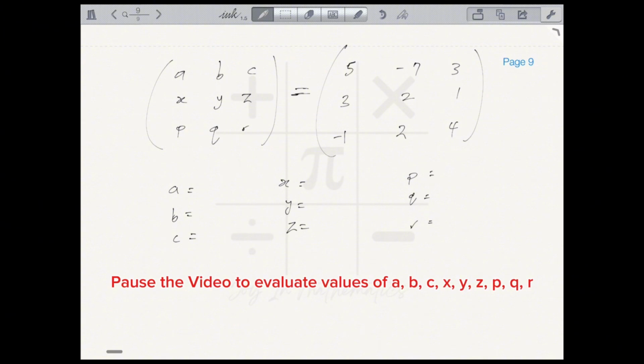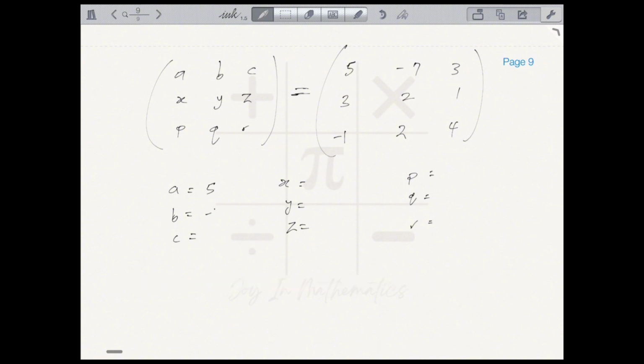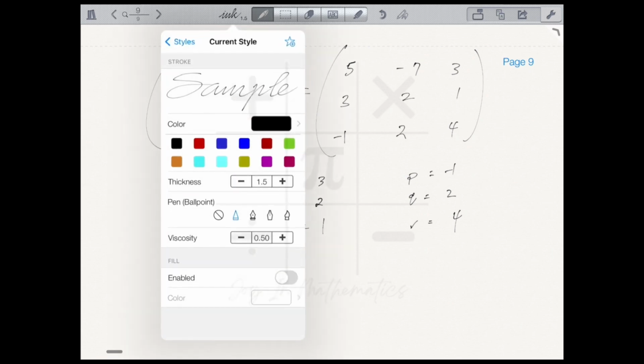So the answers are simply A is 5, B is minus 7, C is 3, X is 3, Y is 2, Z is 1, P is minus 1, Q is 2, and R is 4. It's simple. Since they are equal, we just compare the values.